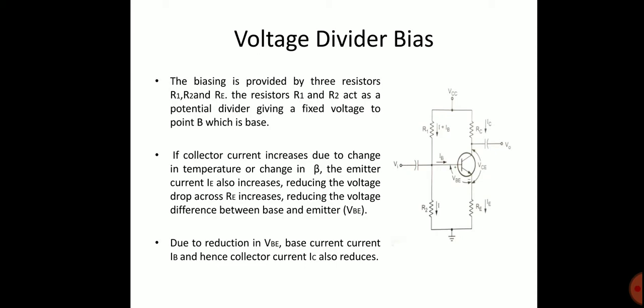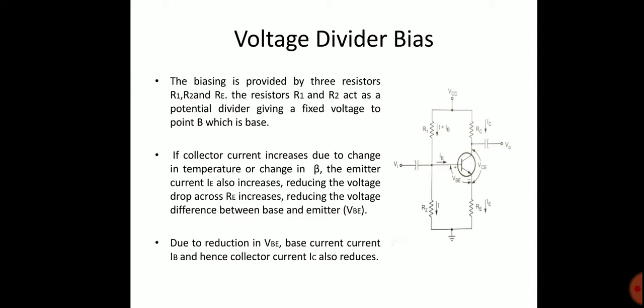Then the voltage drop across RE increases, reducing the voltage difference between the base and the emitter. Due to the reduction in base-emitter voltage, the base current IB and hence the collector current IC also change.